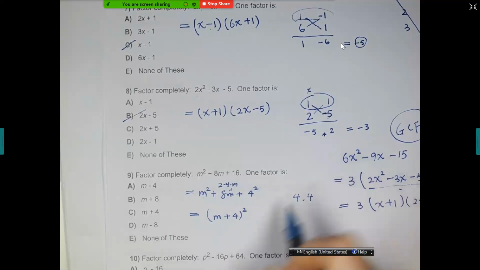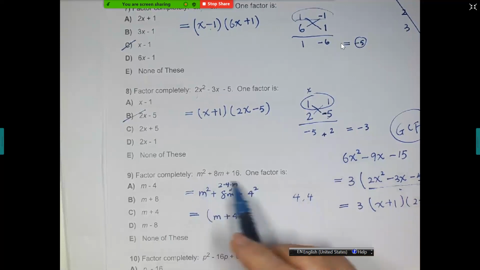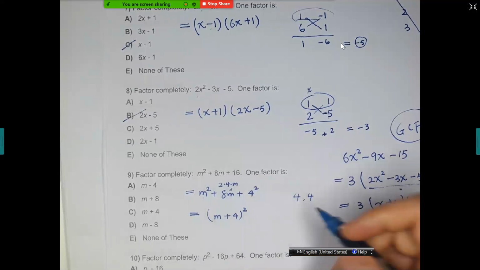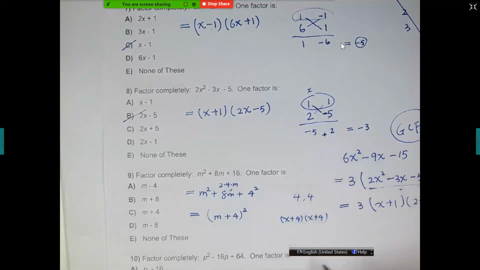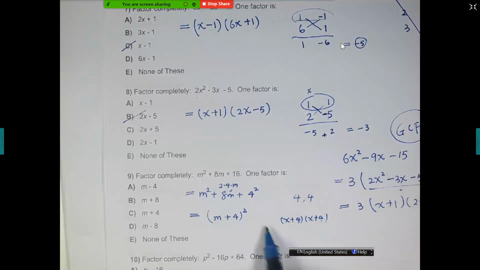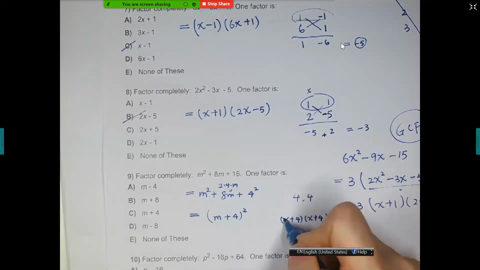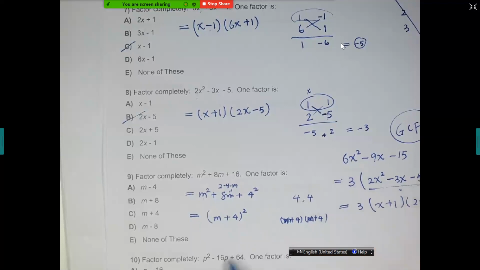So 4 times 4 is 16, 4 plus 4, that's 8. And then you can just write down m plus 4 times m plus 4. Okay, and you can write this as m plus 4 squared because they are the same, repeating multiplication.